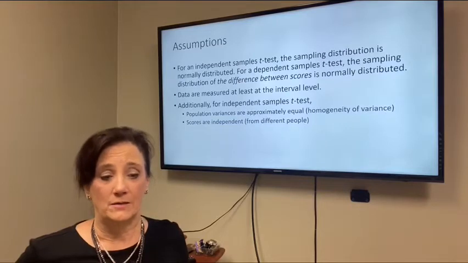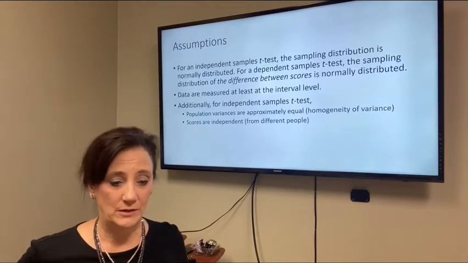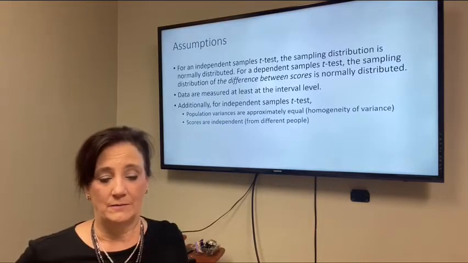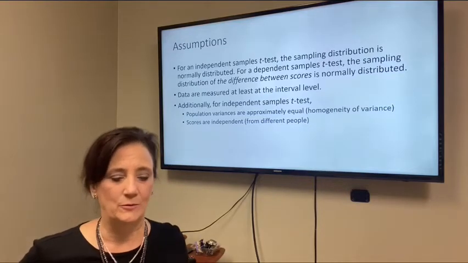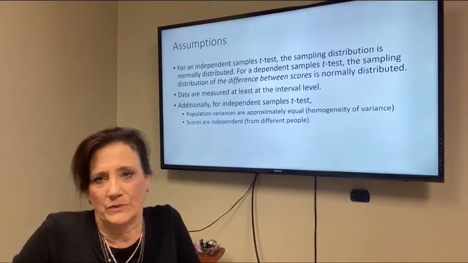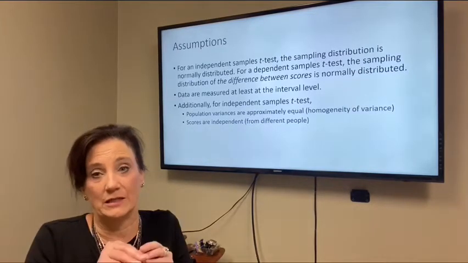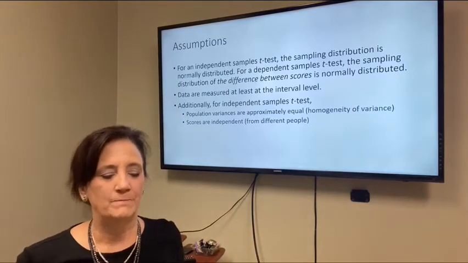You need data that are measured at the interval level. And additionally, for an independent samples t-test, the variances, your homogeneity of variance test, needs to be approximately equal or not significant. A significant homogeneity of variance test would tell you that the variances are not equal. So that's not good.